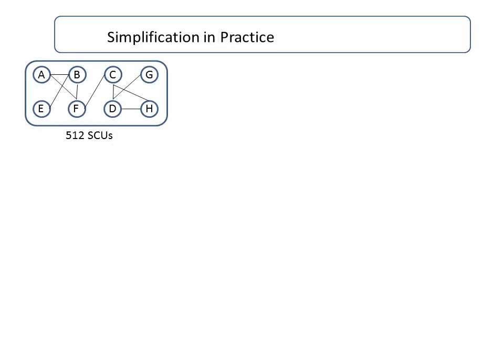Let's look at the simplification process in practice. Here we have a very simple IT system. It only has 8 functions and they're all contained within a single system. So the total complexity in this system is coming only from functional complexity, not dependency complexity.